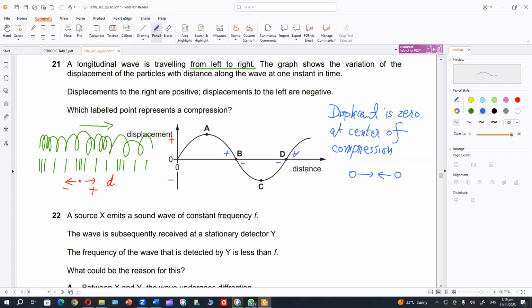Then what happened at D? Actually, D will be a rarefaction. So that was a challenging question.